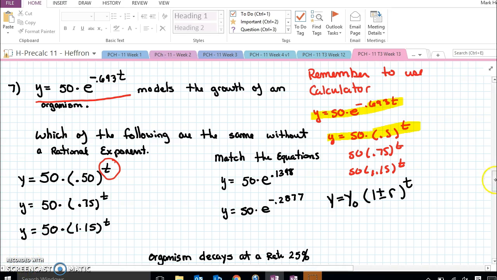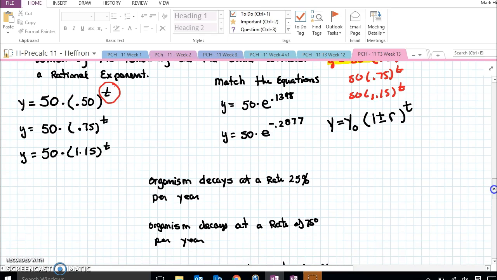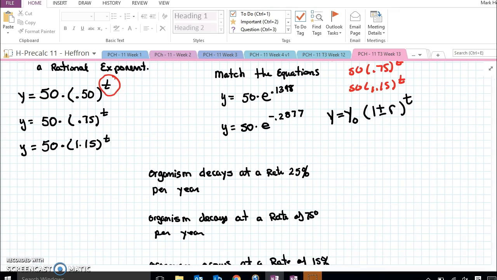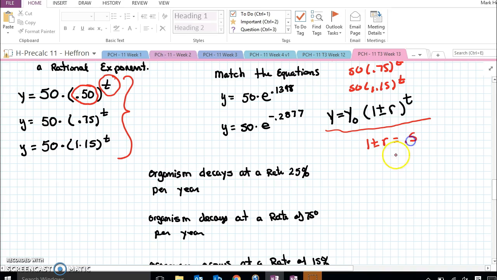The next part of the problem stems from the idea that when you have exponential growth at some rate, your final value will be your initial value times 1 plus or minus your rate to the t. And so as we look at all of these, what kind of rate would end up with a base of 0.5? Well, 1 plus or minus r would have to equal 0.5.